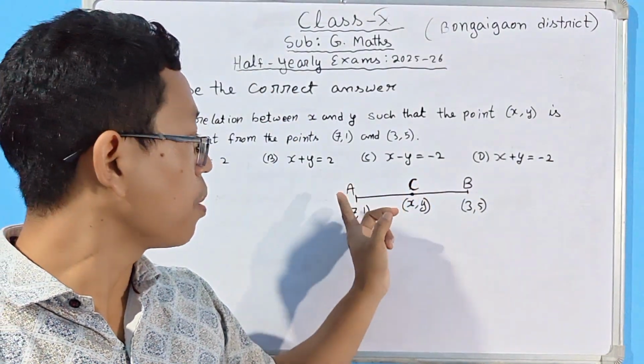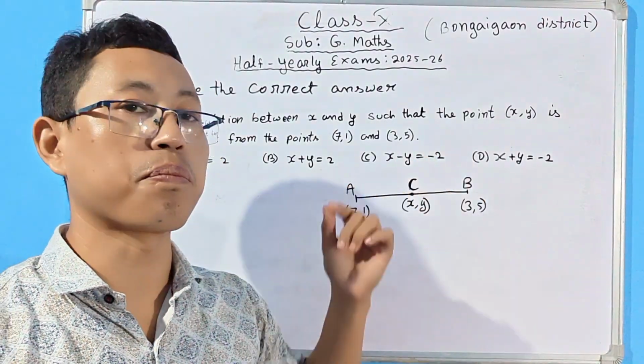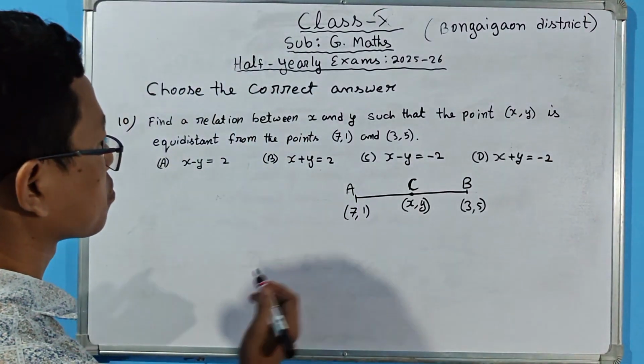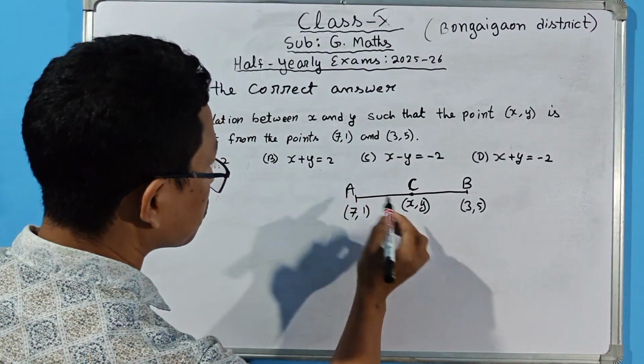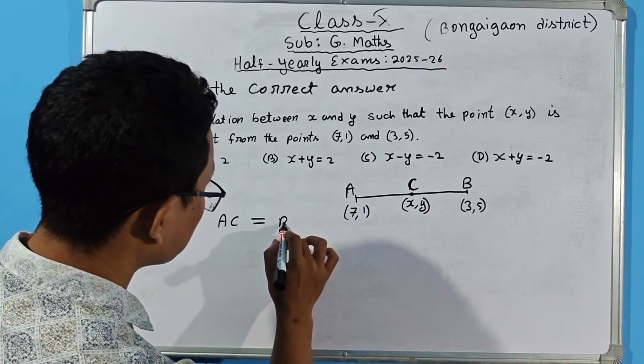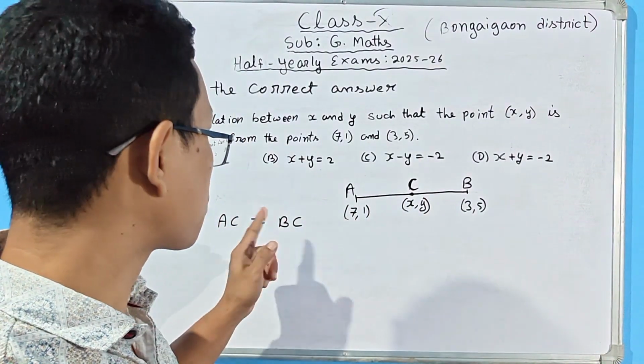C is the middle point of AB, meaning C is equidistant from A and B. So as per the distance formula, we know AC equals BC. Clear? What is the distance formula of AC? How to find the AC?